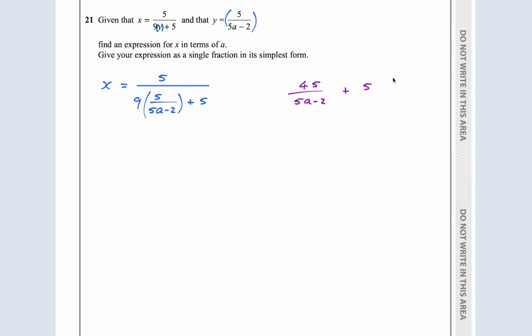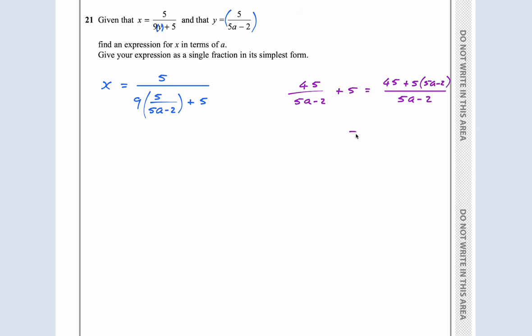Now to do this, let me do it like this, plus 5. To do this, I want a common denominator. And my common denominator is going to be 5a minus 2. So 45 is still 45. And this I have to multiply by 5a minus 2, which is plus 5 times 5a minus 2.